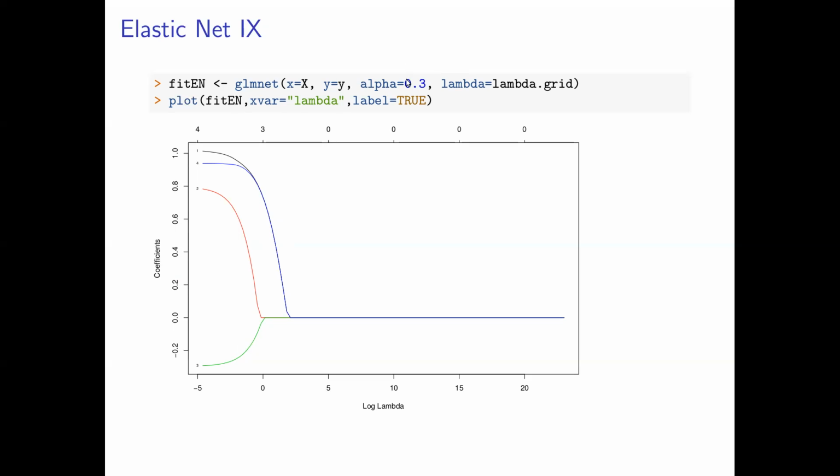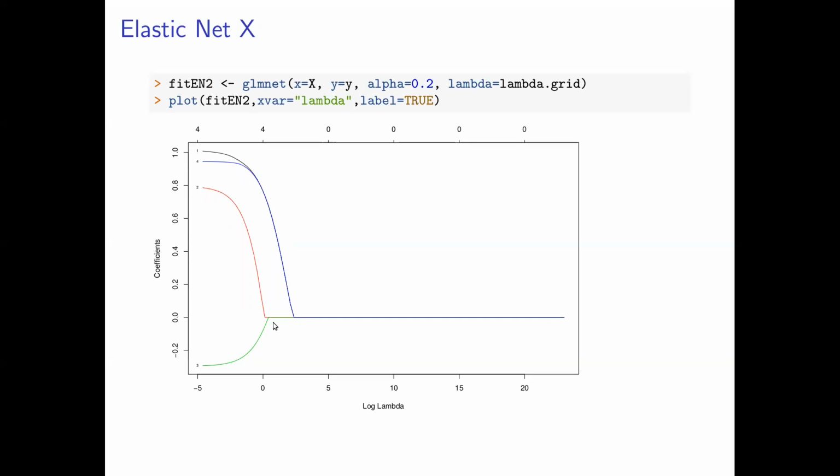And if we get closer to the ridge, of course, the effect is much closer to what we saw before with the ridge regression. And also we see that it takes much longer until variables actually converge to 0 and are shrunk to 0.